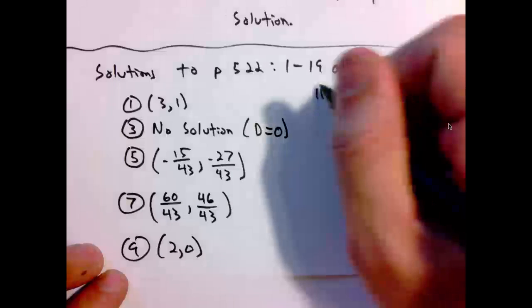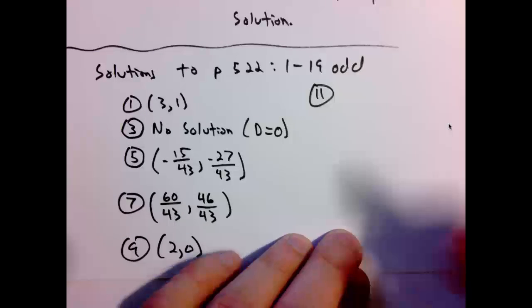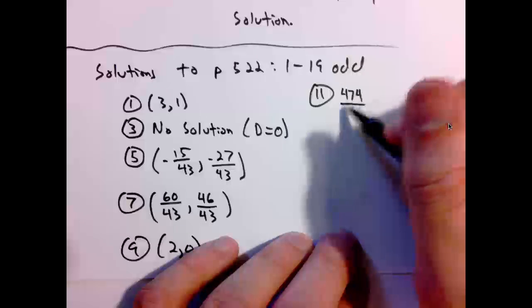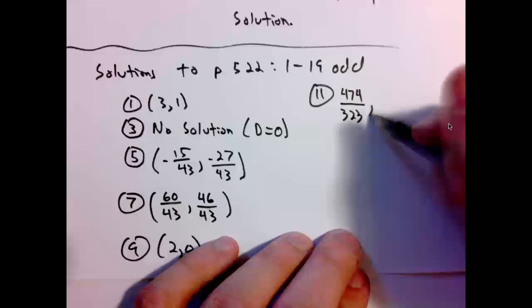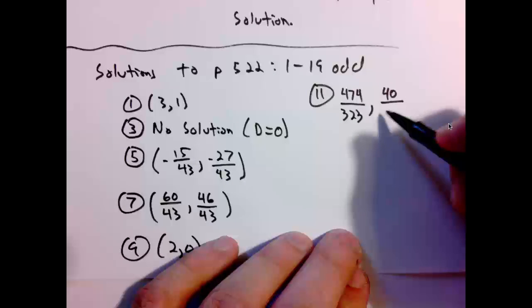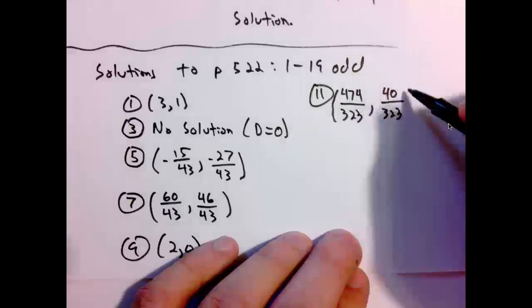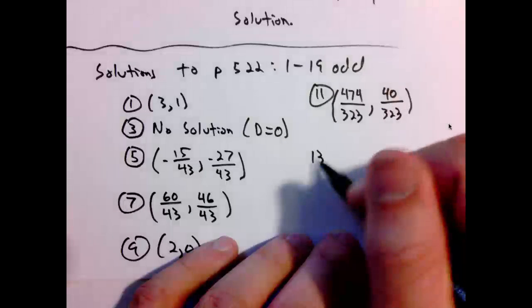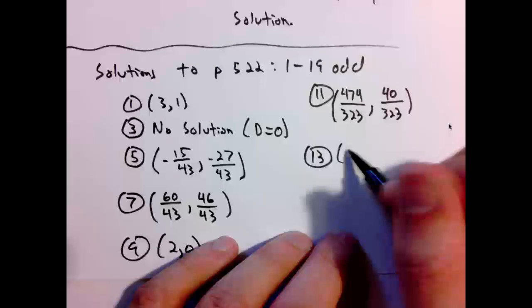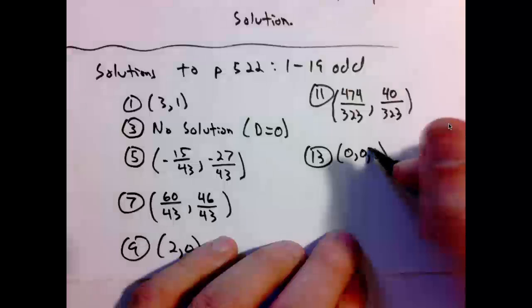Number 11, 474 over 323, 40 over 323. Number 13, 0, 0, negative 2.